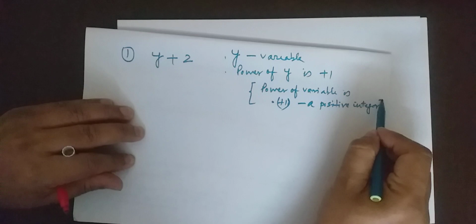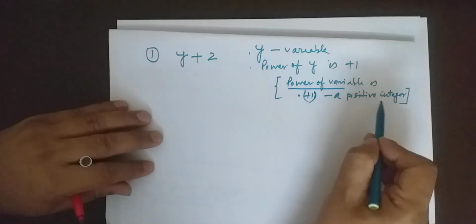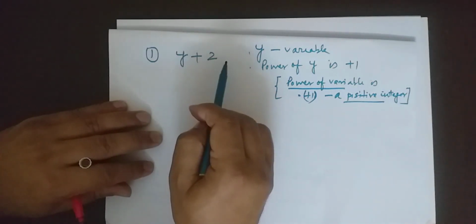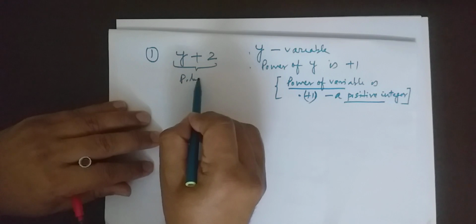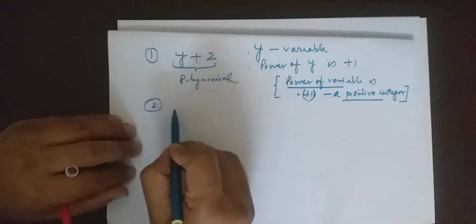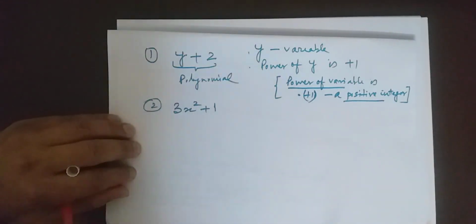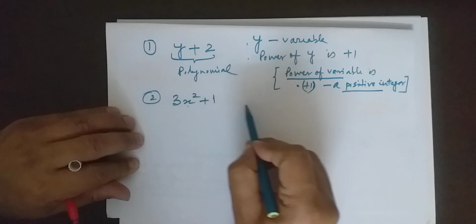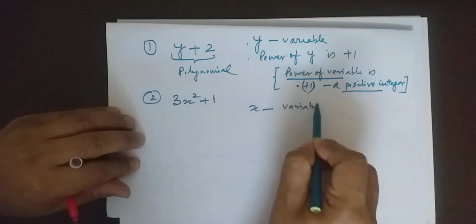So when we have the power of the variable in an algebraic expression to be a positive integer, and we have no other variable here, then this expression will be a polynomial, right? Take another example, say 3x raised to power 2 plus 1. Again, here x is a variable, and what is the power of this variable?